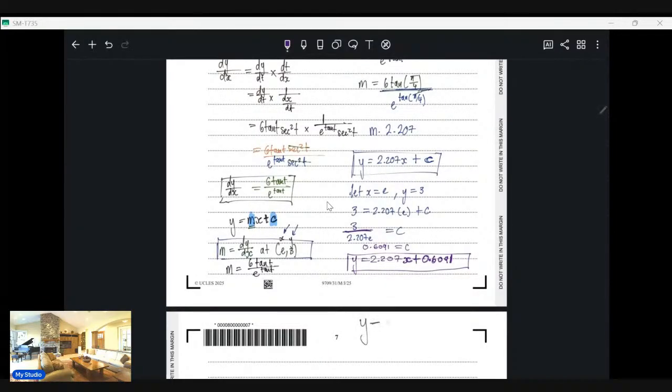y minus e, y minus 3 is equal to x minus e. So this is what you got.